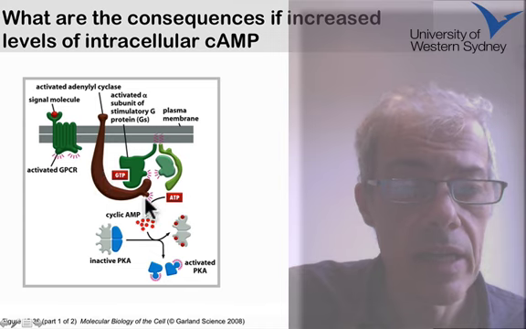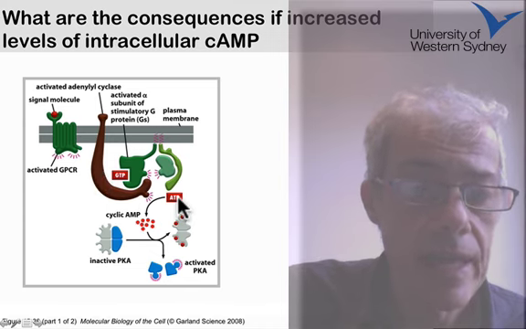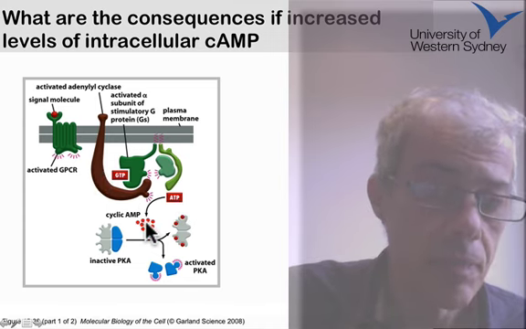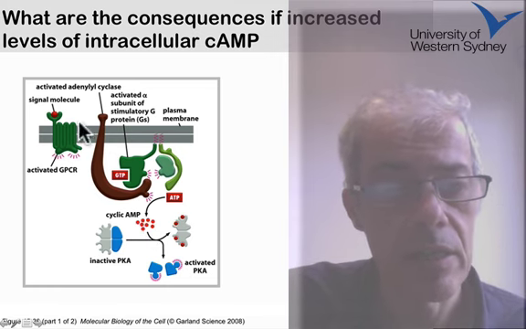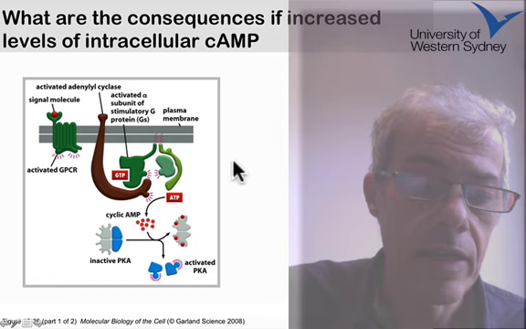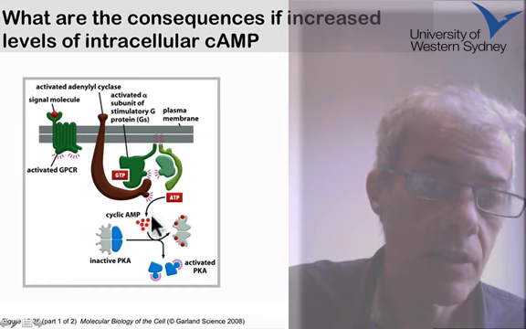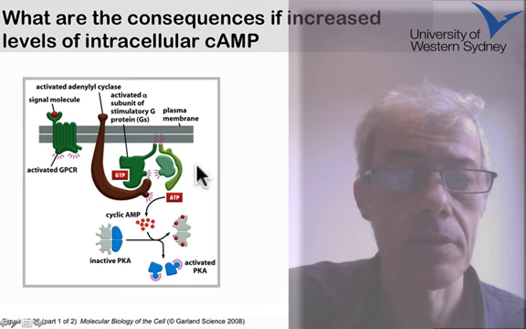The adenyl cyclase can then convert ATP to cyclic AMP, which can then activate protein kinase A. So this is a nice little example of activation of a second messenger through the heterotrimeric G protein complex.